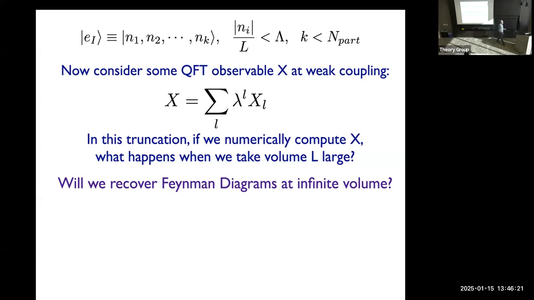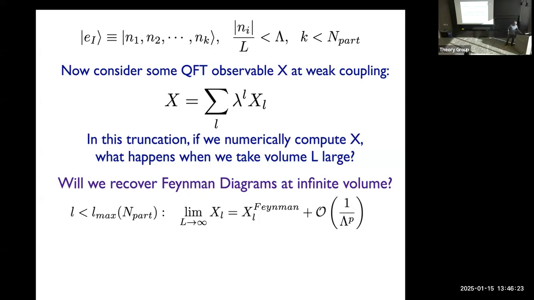Do we recover, in some approximation, these Feynman diagram coefficients as we take the volume to infinity? Imagine that you took, say, 30 particles as the maximum, and you performed this computation on your computer. Do you recover Feynman diagrams up to corrections that come from this UV cutoff?